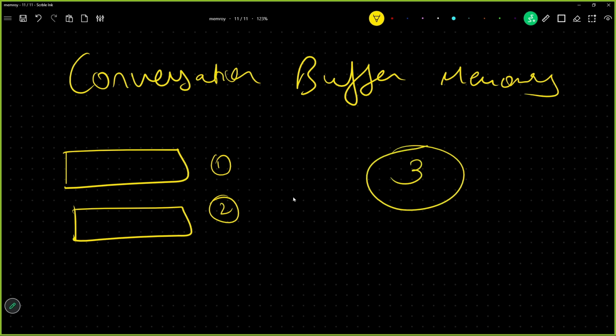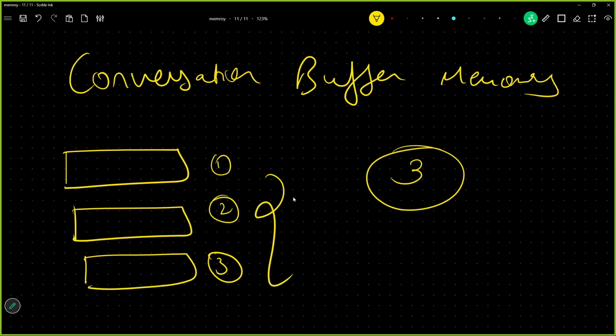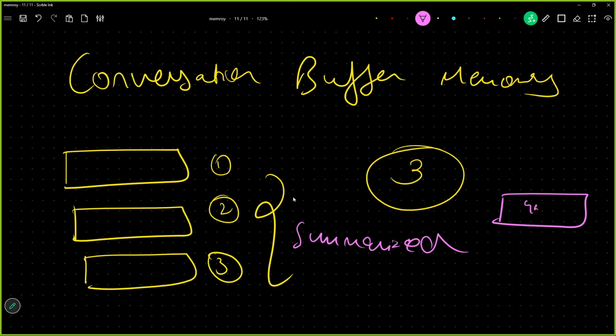So I can keep a buffer of 3. So after 3 turns, this entire buffer will be summarized, and a new message will come. So the fourth turn will get the summary of all 3 conversations as input.